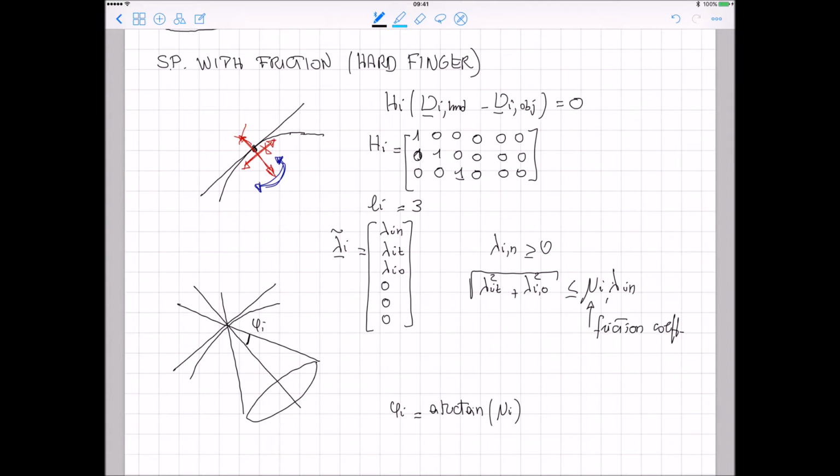So this angle depends on the friction. So to satisfy these two conditions, this force has to stay inside this cone. This cone is called friction cone.